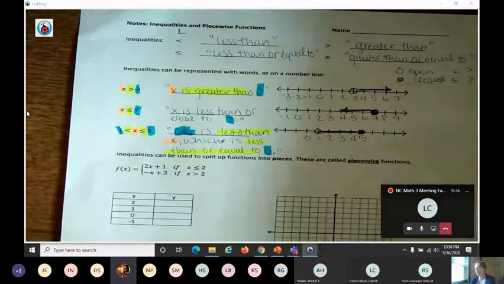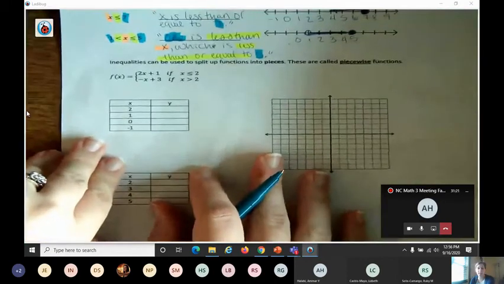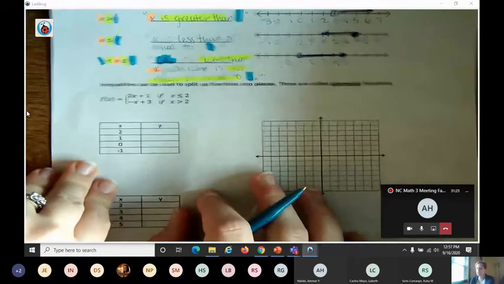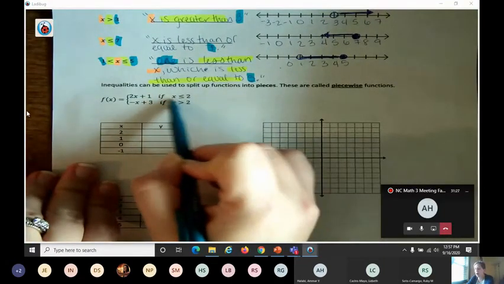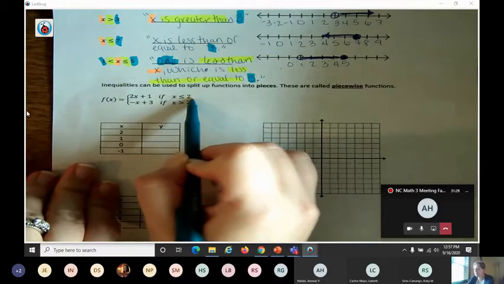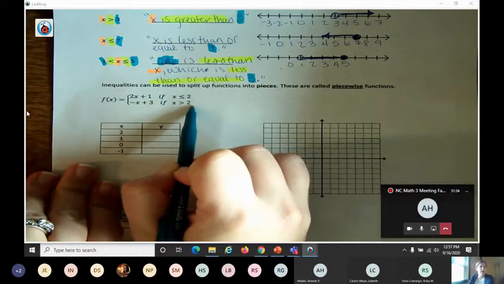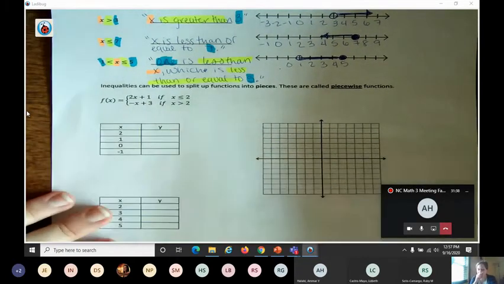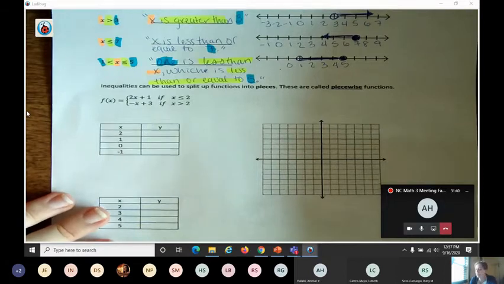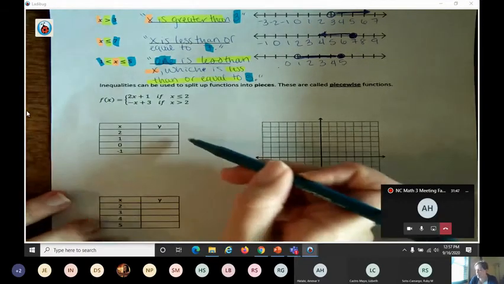Okay, so these inequalities we've covered before, but they're really important for piecewise functions, because when we do piecewise functions, we break up different functions according to where they are on the x-axis, and that is defined by an inequality. So we are going to practice graphing these first. So we have some number values here, and we want to split it up into 2 pieces.